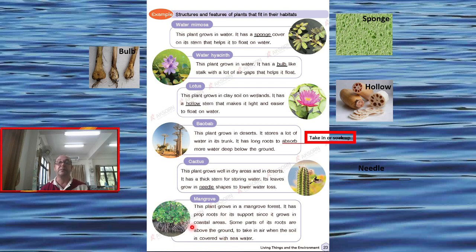So when the water is very high and it's covering the roots, some of the roots are still above the water. The air can then get to the roots.